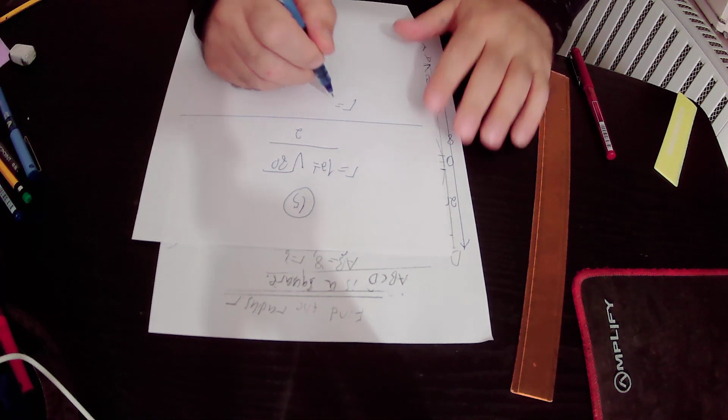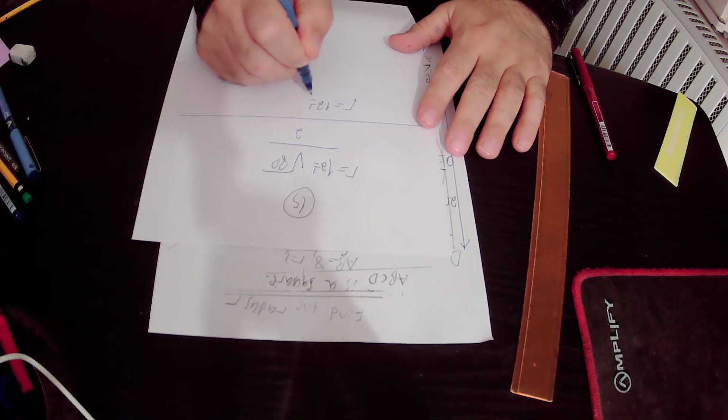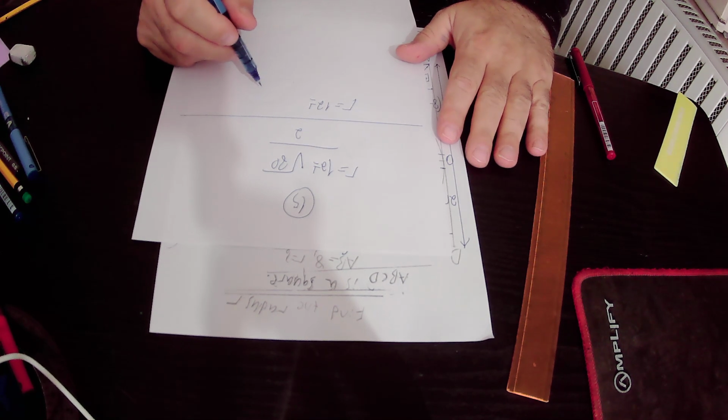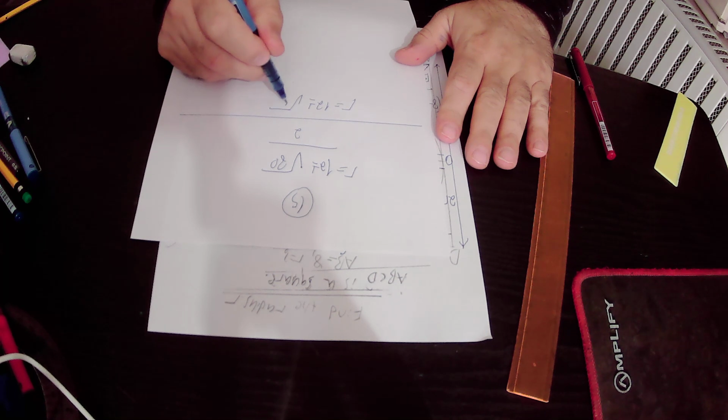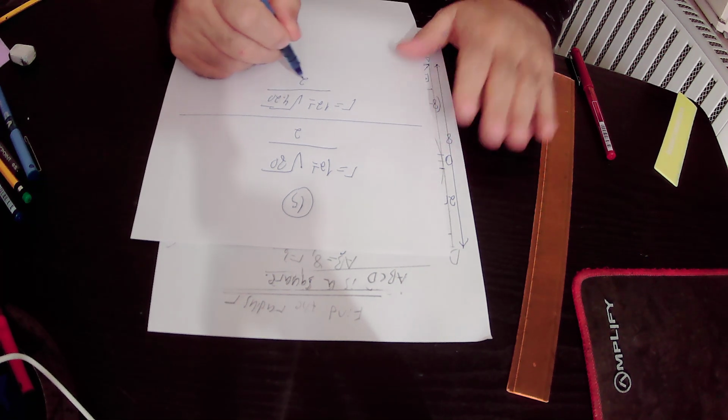R equals to 12 plus minus root of 80. 80 is 4 times 20, so I will write it down, 4 times 20 over 2.